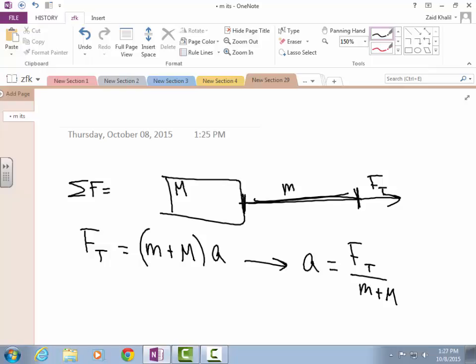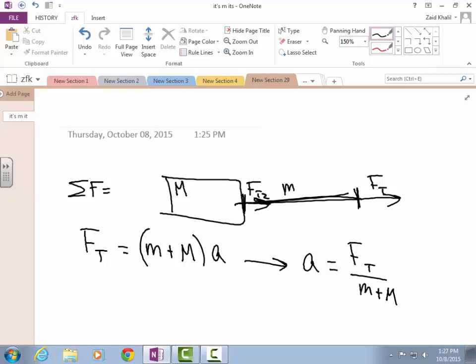Some tension force. Call this Ft2. Notice what I'm going to show here is what happens when little m goes to 0. This rope has a mass m. So I'm not going to speculate whether Ft equals Ft2. I'm going to assume that they're not equal.